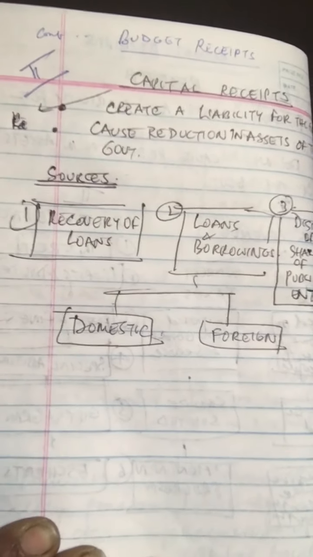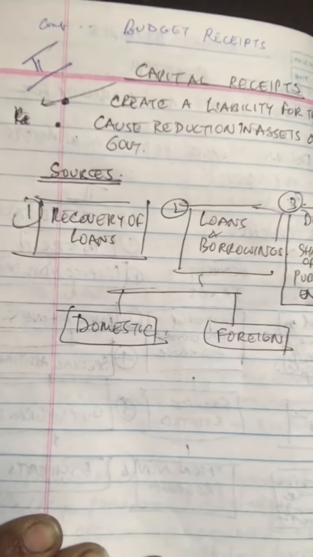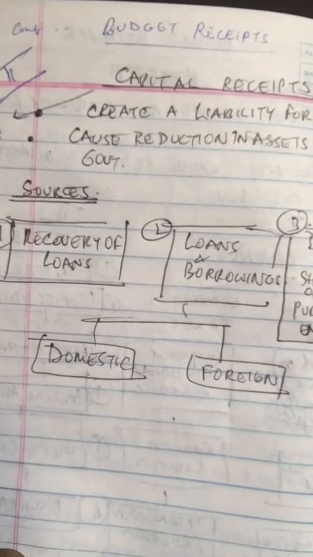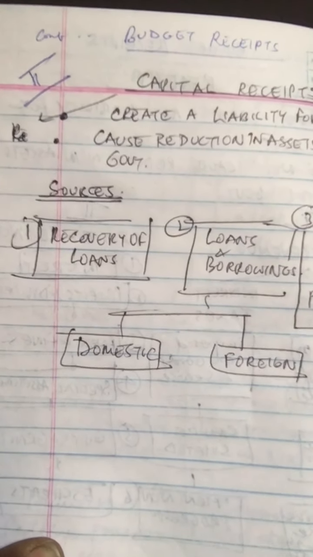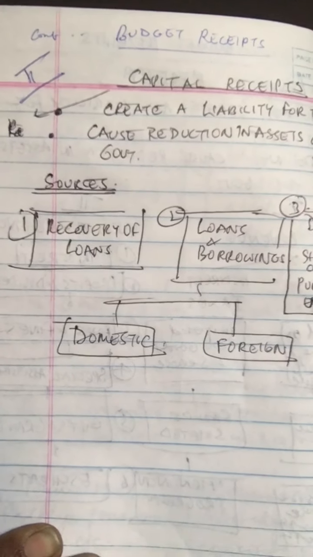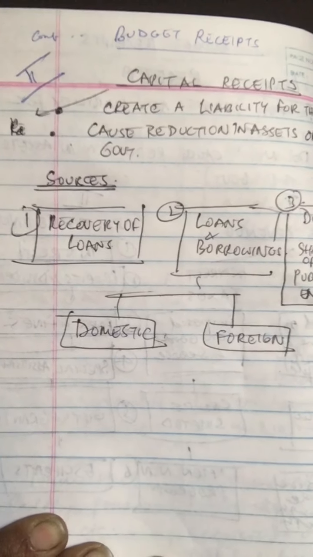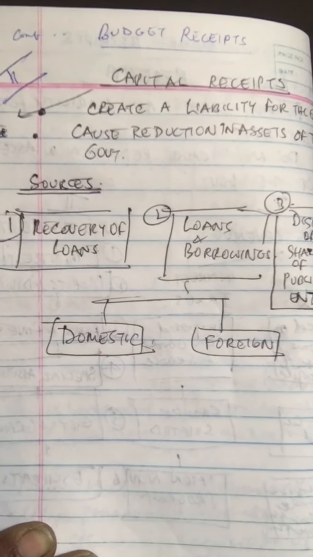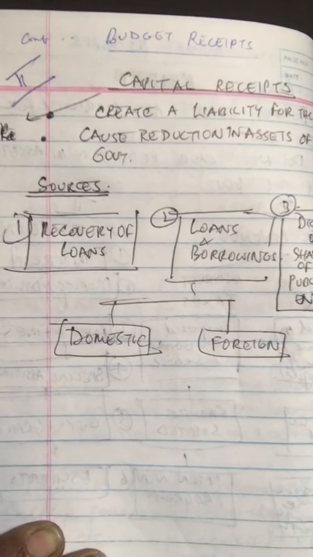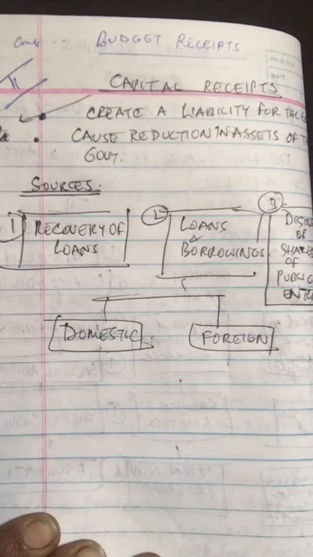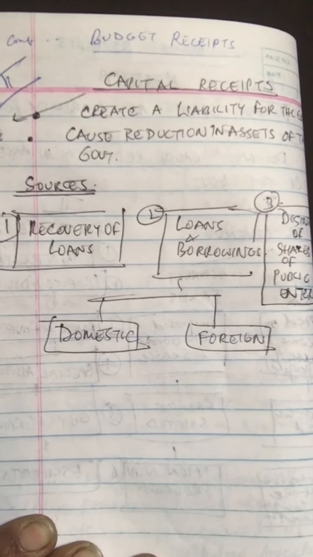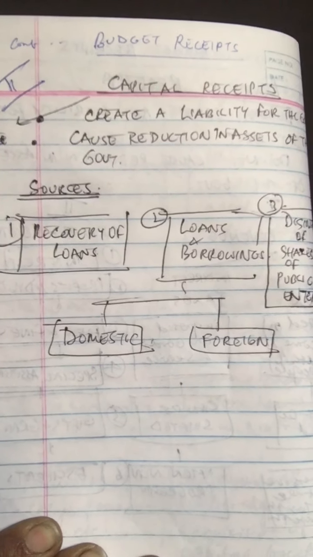Again, we have these two characteristics of capital receipts, which we already did. First, these receipts create a liability for the government. For example, loans by the government are liability. These are to be paid back. They are therefore capital receipts of the government. And the second characteristic is that these receipts cause reduction in assets of the government.